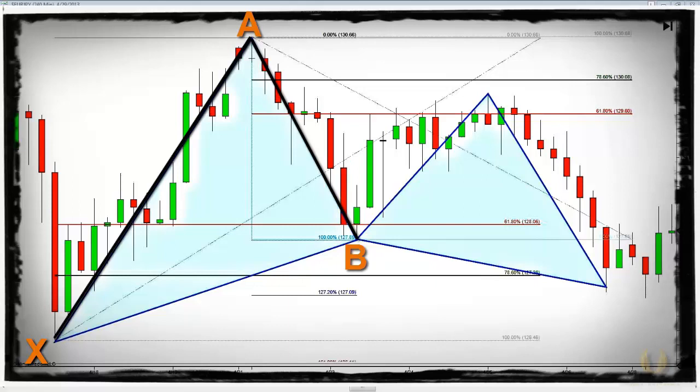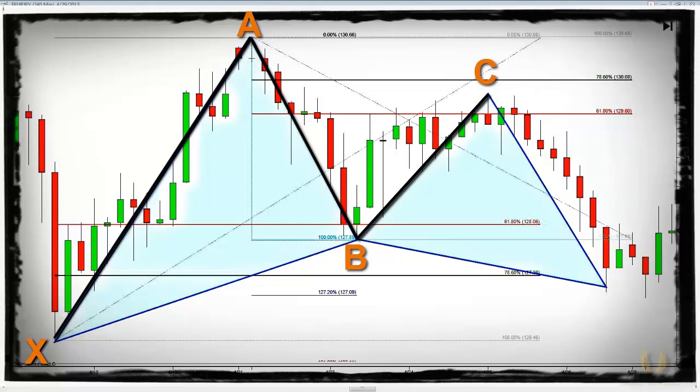Step 3, the BC move. Once the criteria for step 2 are fulfilled, we can now look for a valid C leg. The market creates a valid C leg by fulfilling a minimum 618 Fibonacci retracement taken from the A to B leg. As in step 2, as long as the candle wick touches the 618 retracement, this leg is considered to be valid.